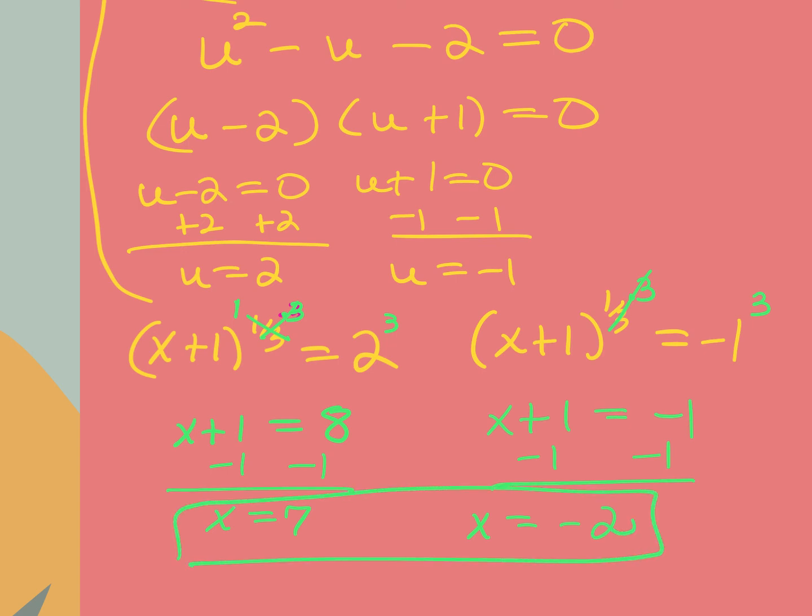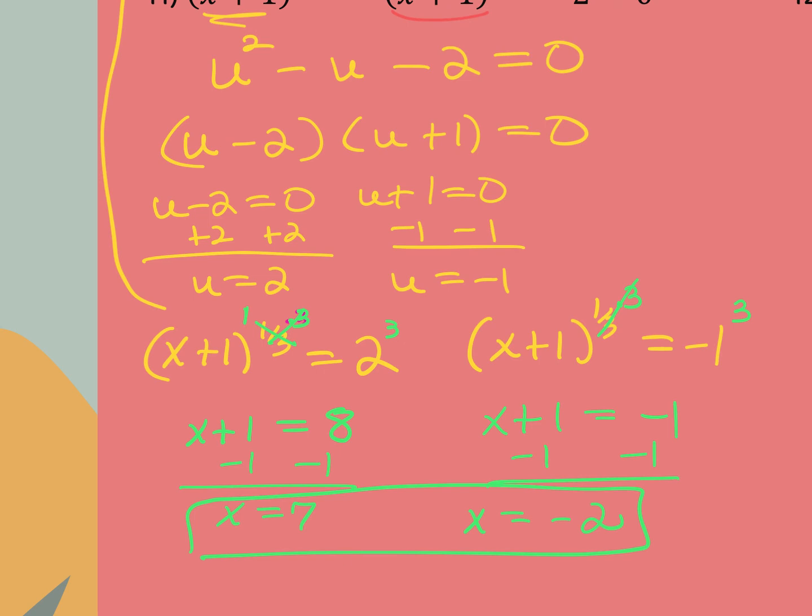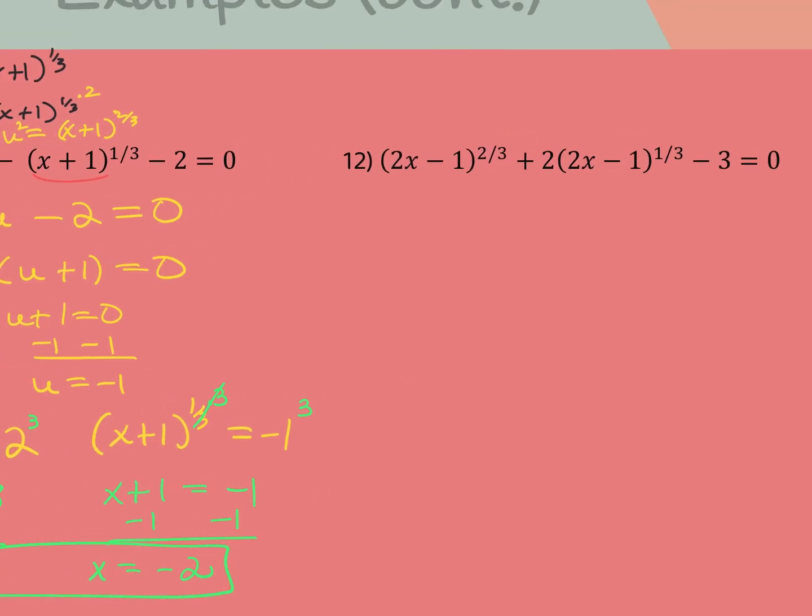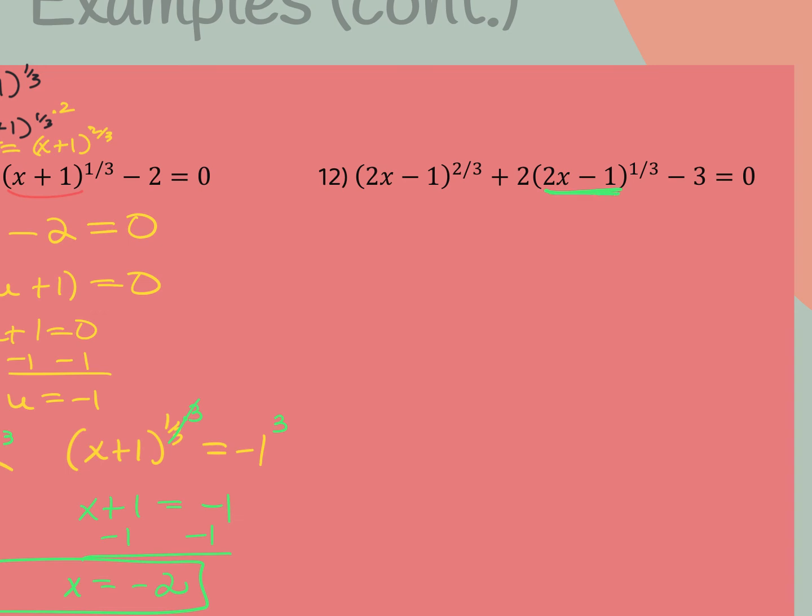Let's try another one with a binomial raised to a fraction. So I'm going to go ahead and notice this is the first term squared. So my u value is going to be 2x minus 1 to the 1/3 power. So for my first term, it's going to be u squared plus 2u.